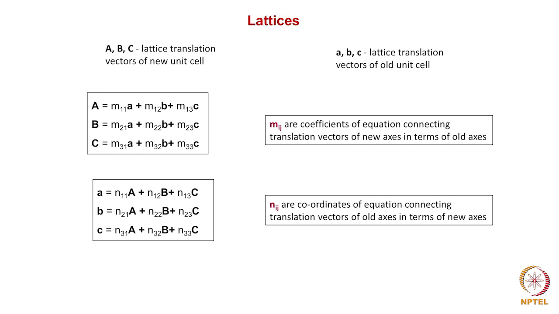So here, these are all the coordinates of the lattice translation vectors of the new axes in terms of the old axes which we have defined. Similarly, we can consider the old axes in terms of the coordinates of the new lattice.